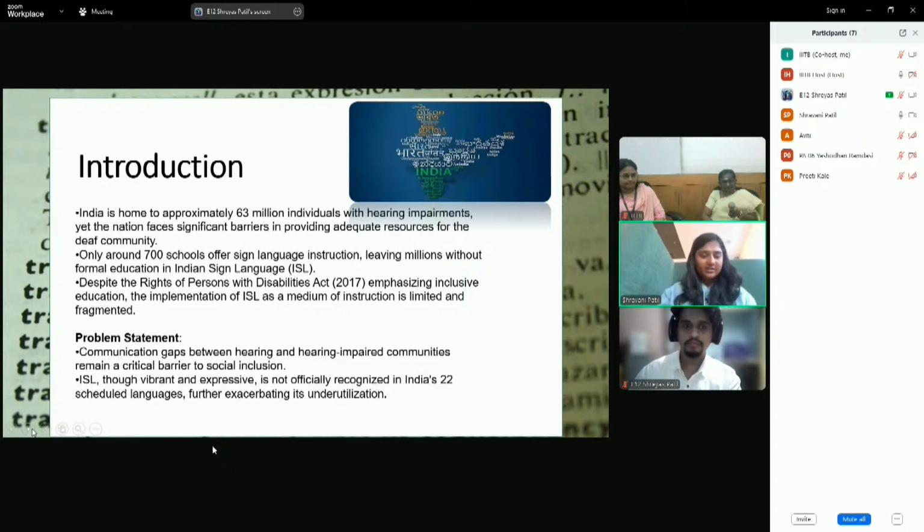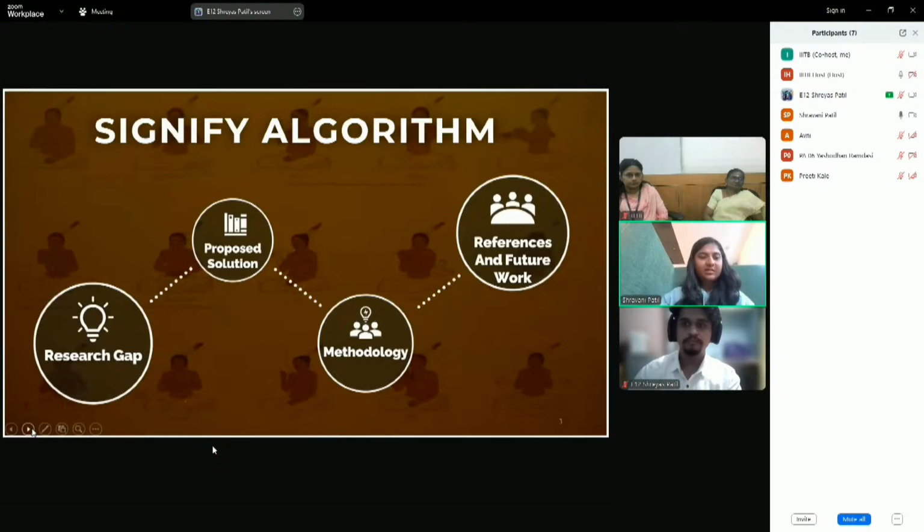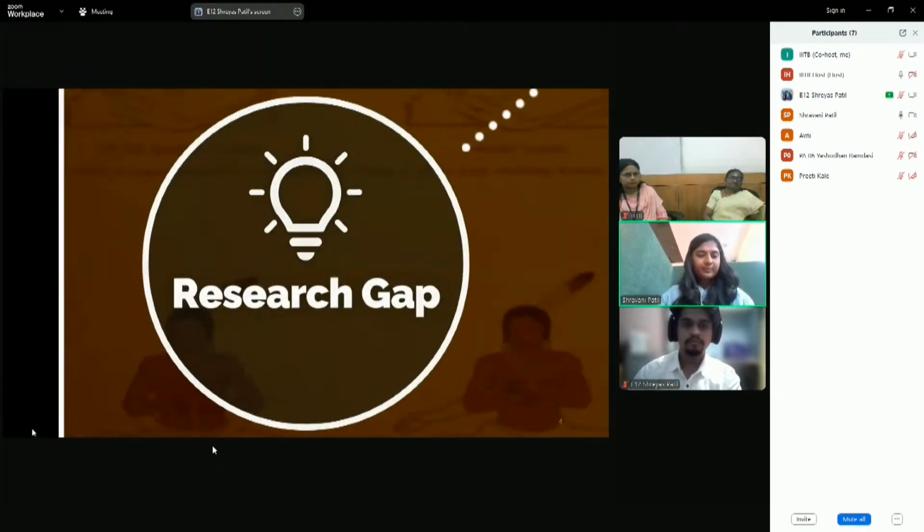Okay, fine, got it. The problem statement is how we come up with a solution to this. There are 22 scheduled languages which will be utilized in our project. Next slide. Further are the research gaps.